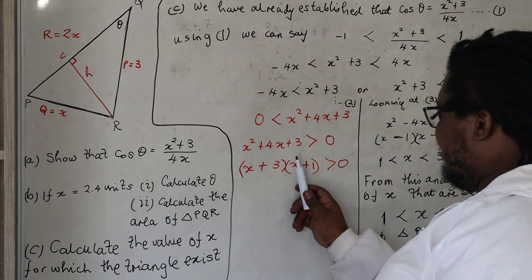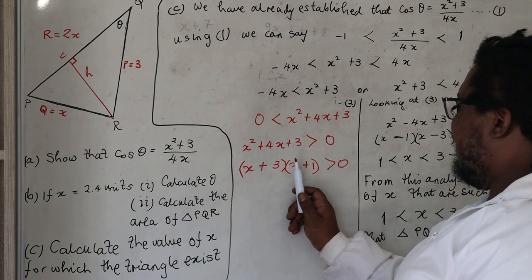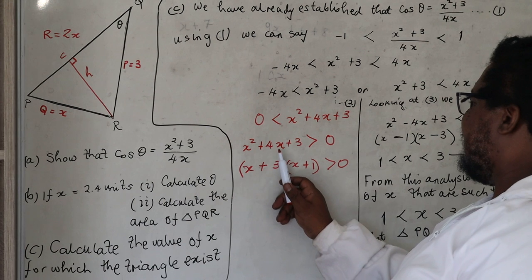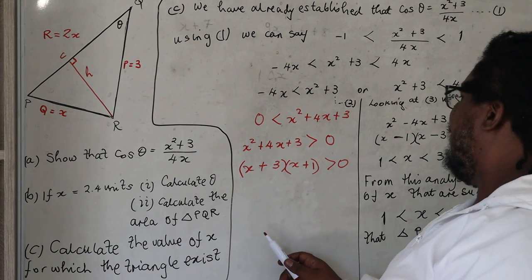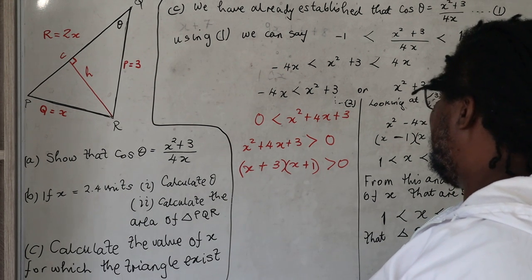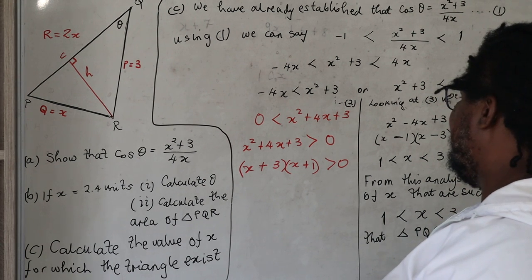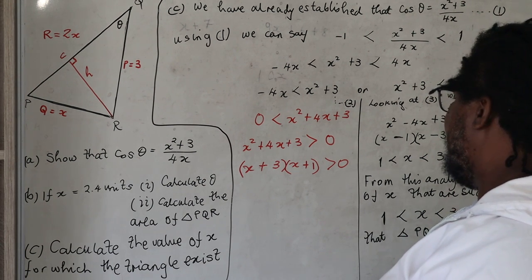So 3 times 1 gives us 3, 3 times x is 3x, plus x gives us 4x. So this number should be greater than 0.